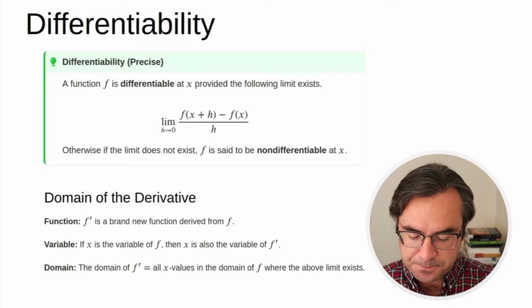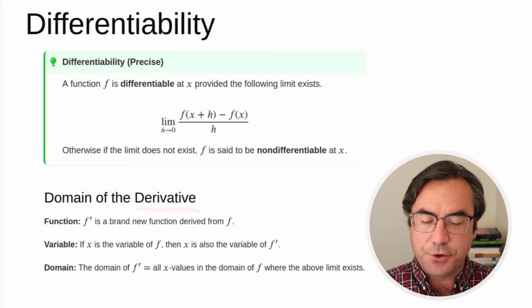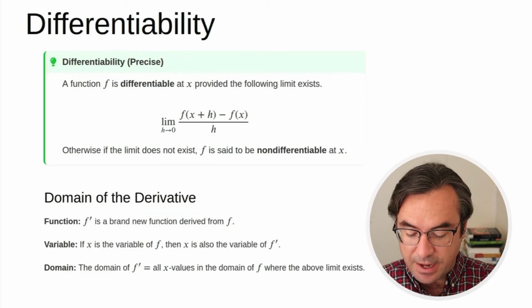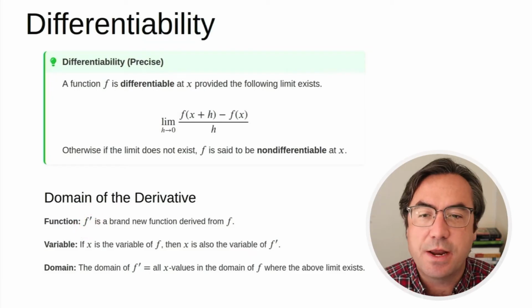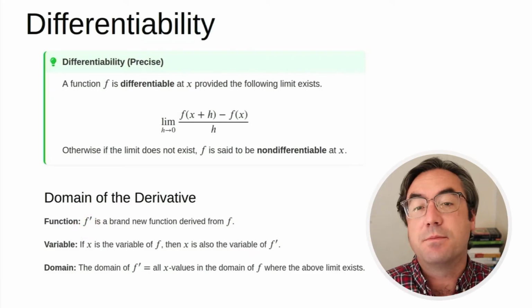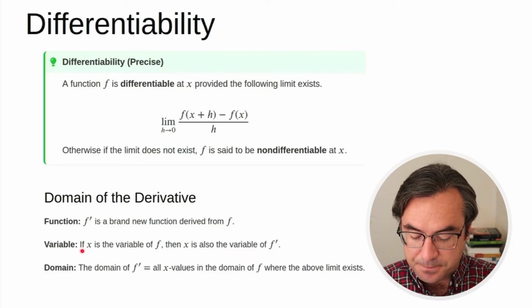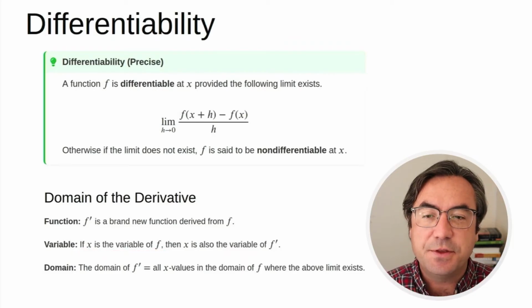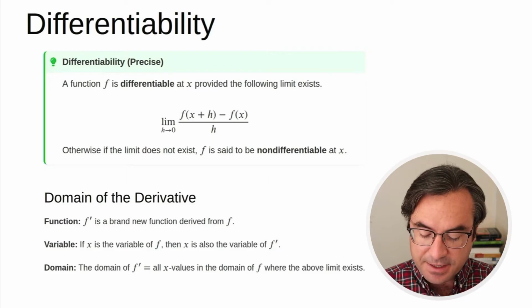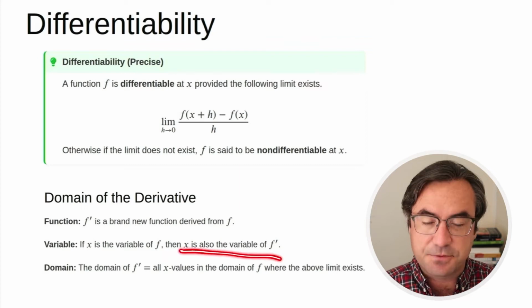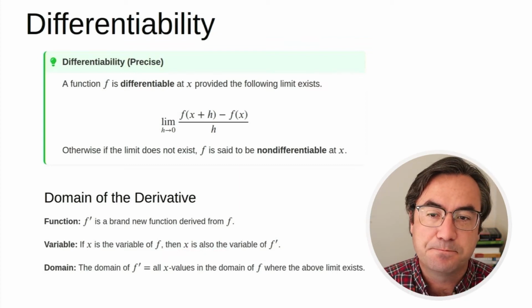So with that, we want to think of the derivative as just a brand new function. So f prime is the name of this brand new function, and it's derived from the original function f. And generally when we calculate these derivatives, if x is the variable of the original function, well, then we're also going to be using x for our variable in f prime.